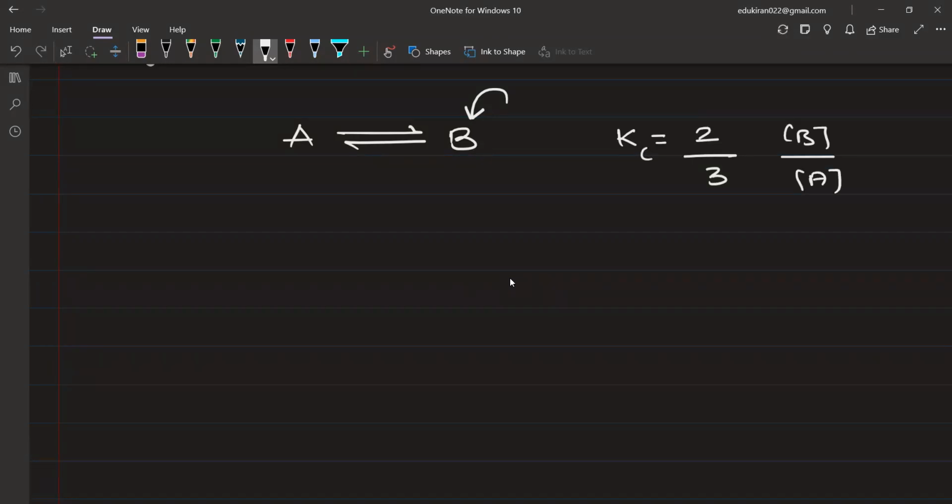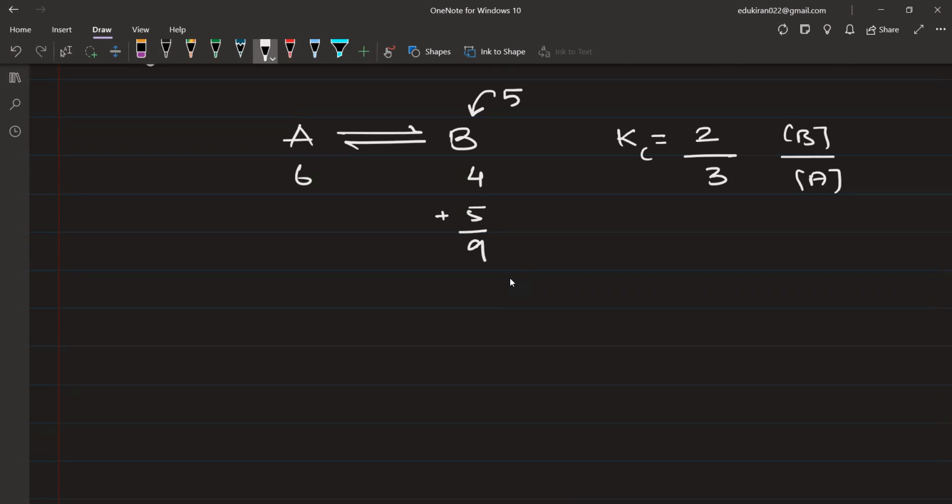So for 2 moles of B, there were 3 moles of A. So let us suppose here we had 4 and 3 times 2, so that is 6, right? Now I added 5 moles of B. So this increased to how much now? It became 9, right?